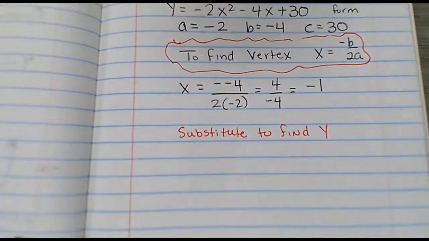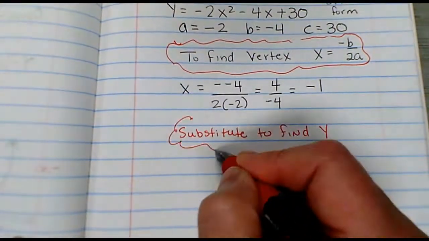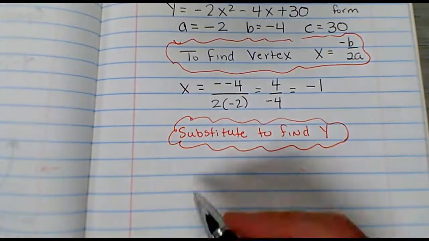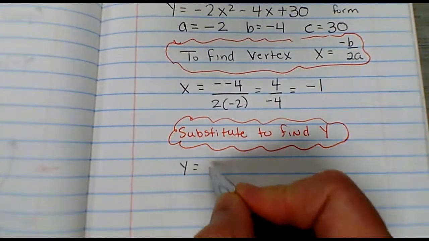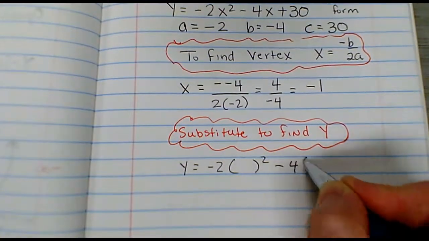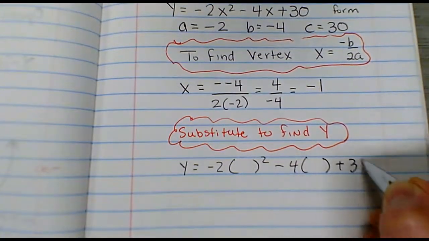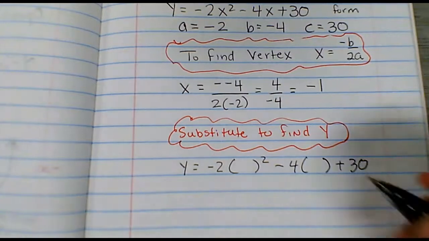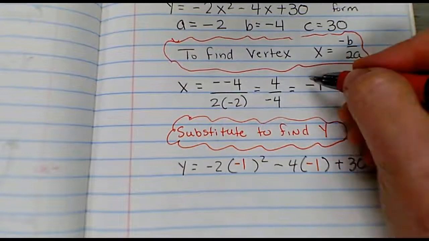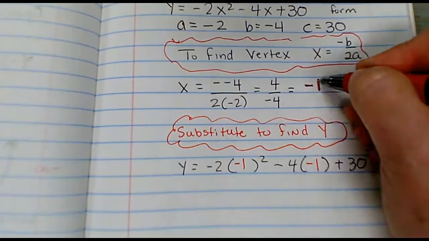To find my other half of my vertex, I have to do a substitution. Negative 2x squared minus 4x plus 30. And in place of the x, I'm going to substitute the negative 1 that I found right here.